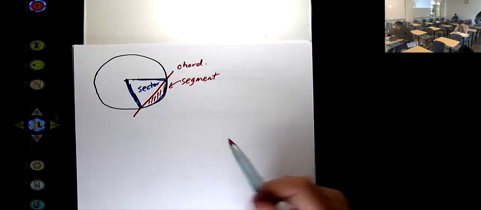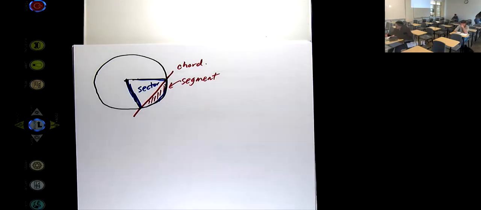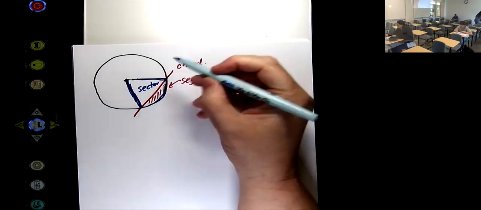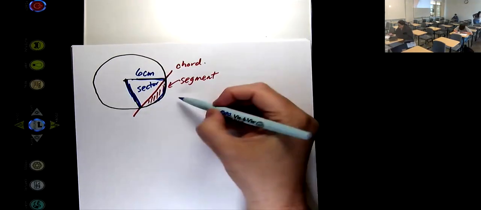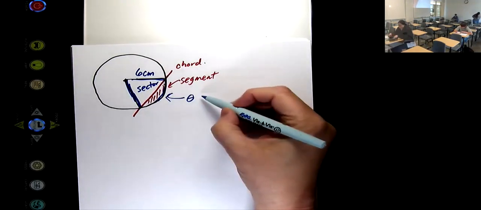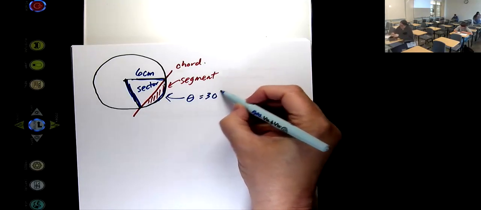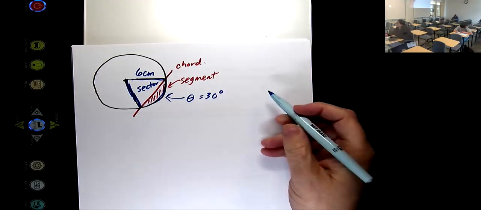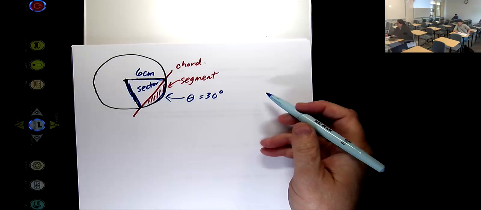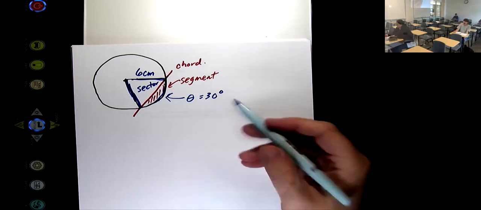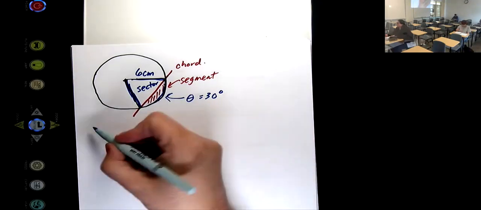So, let's say we had a circle here with a radius of 6 centimeters. And let's say the angle there is 30 degrees. We can find the area of the overall sector.